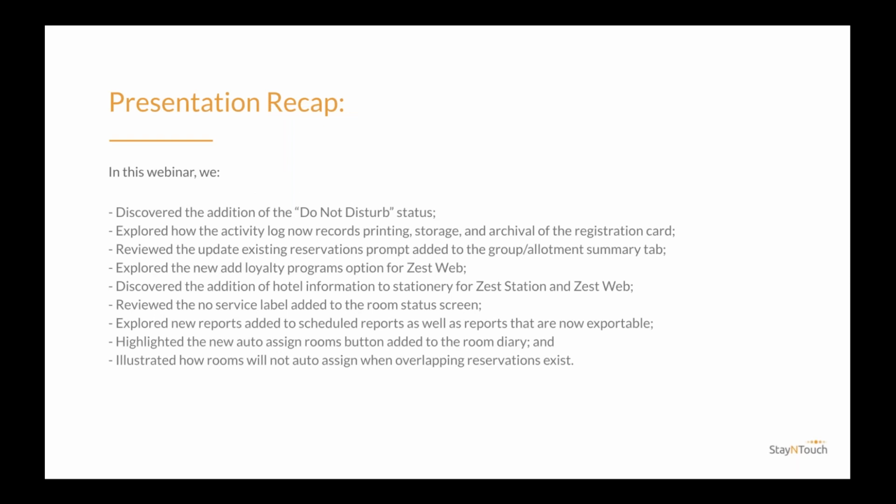All right, so in this webinar, we discovered the addition of Do Not Disturb status, explored how the activity log now records printing, storage, and archival of the registration card, reviewed the Update Existing Reservations prompt added to the Group and Allotment Summary tab, explored the new Add Loyalty Programs option for ZestWeb, discovered the addition of hotel information to stationary for ZestStation and ZestWeb, reviewed the No Service label added to the room status screen, explored new reports added to scheduled reports, as well as reports that are now exportable, highlighted the new Auto Assign Rooms button added to the room diary, and illustrated how rooms will not auto assign when overlapping reservations exist.